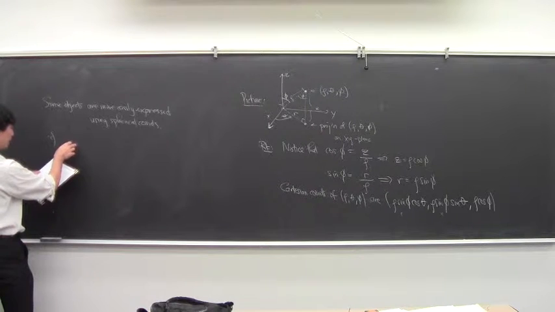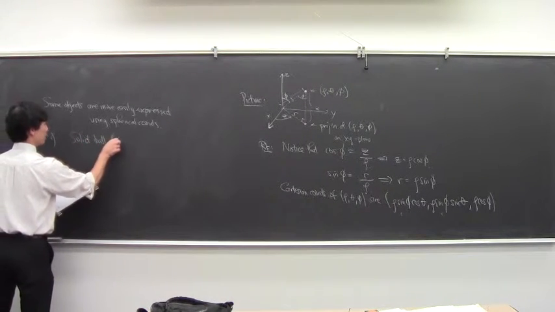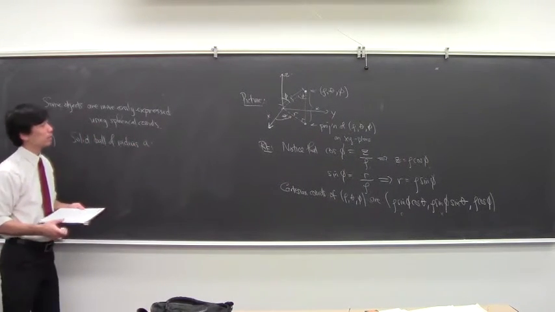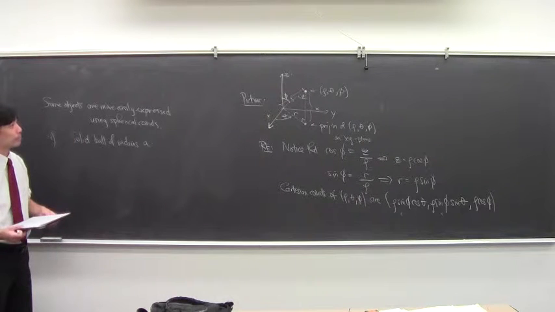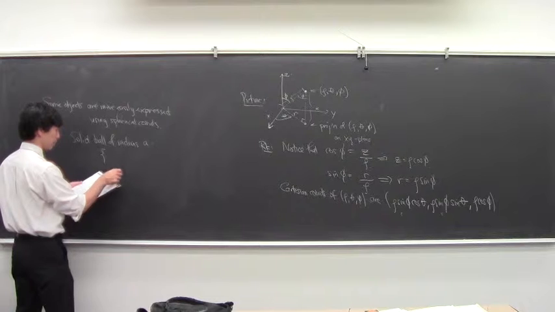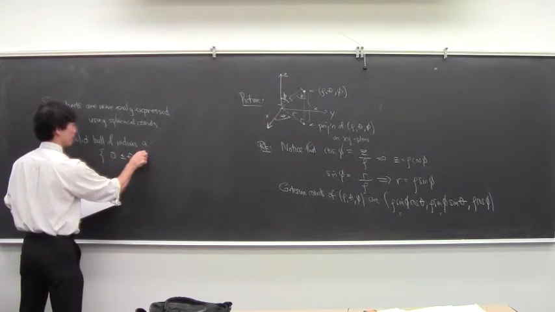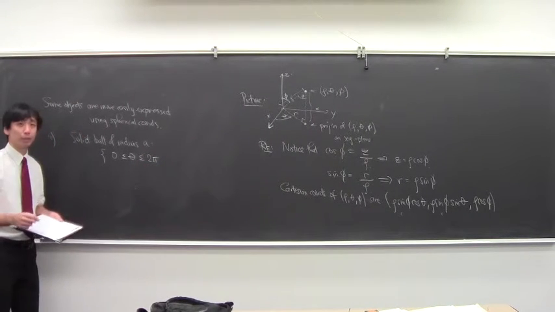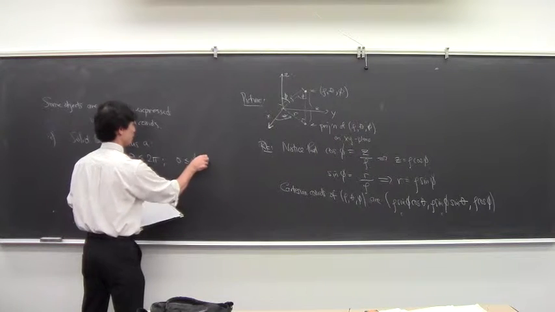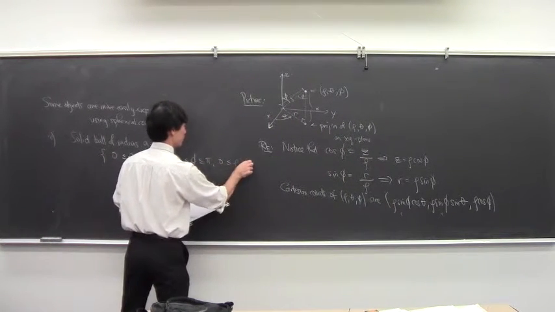If I'm talking about a solid ball of radius a, you could describe that in a couple ways, but maybe this is easy. I'm going to let my theta range from 0 to 2 pi, my phi range from 0 to pi, and my rho range from 0 to a.